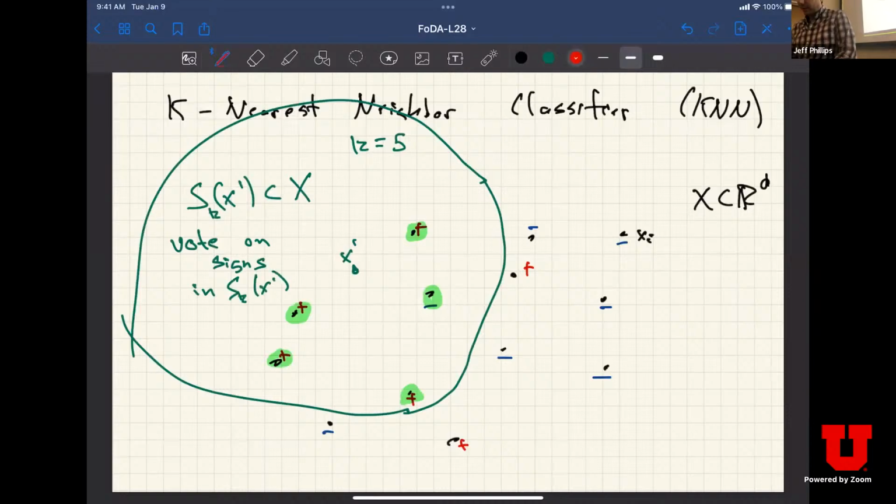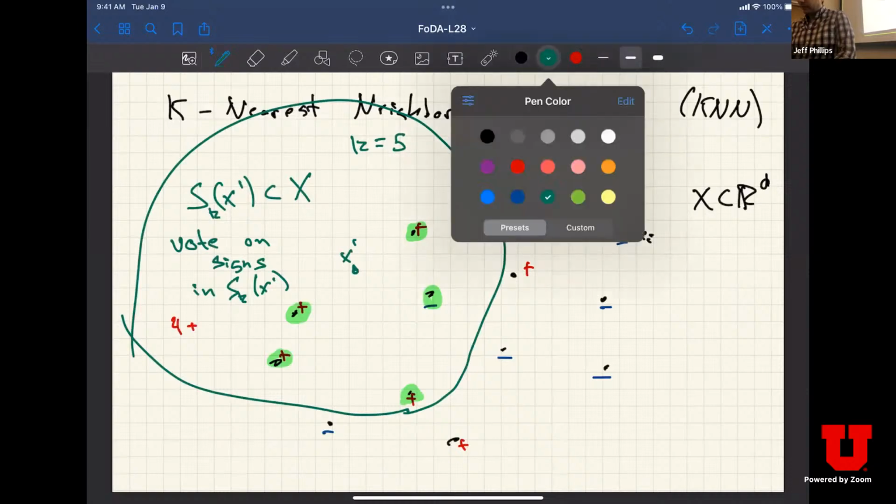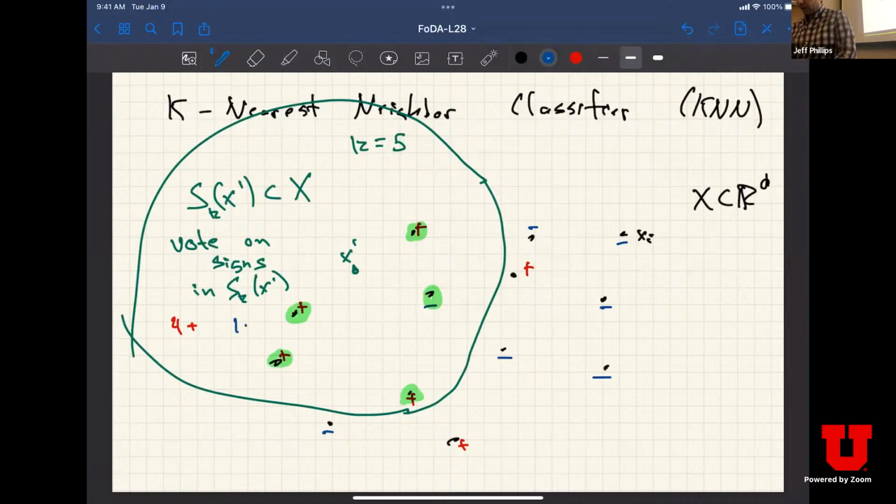So I'm going to have 4 plus and 1 minus, and so it's winner take all.